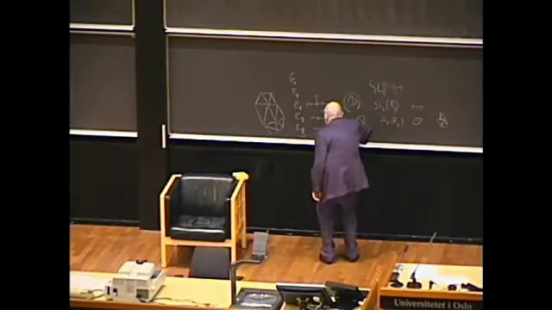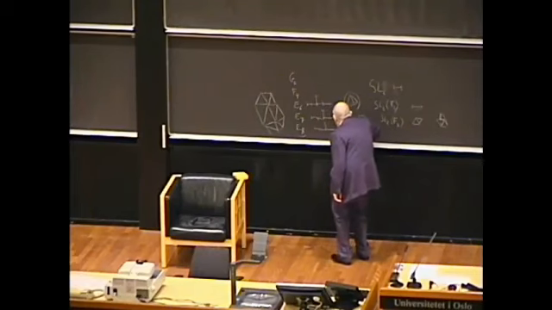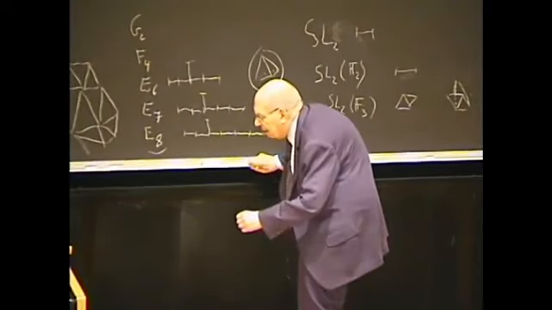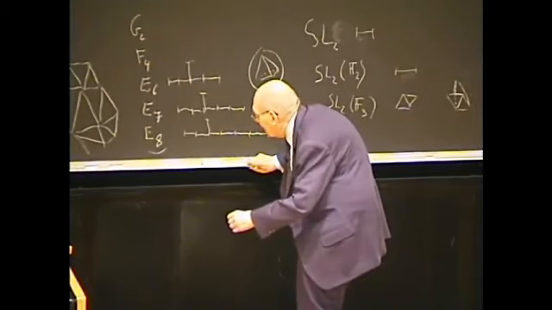If I want to construct the picture corresponding to, say, a group of type E8, this picture has different types of vertices.